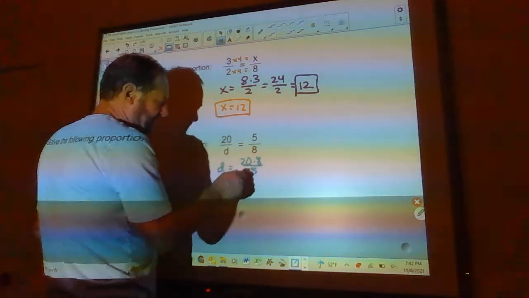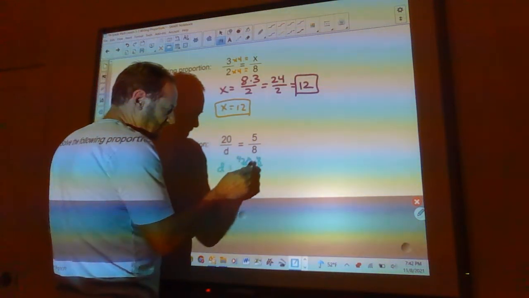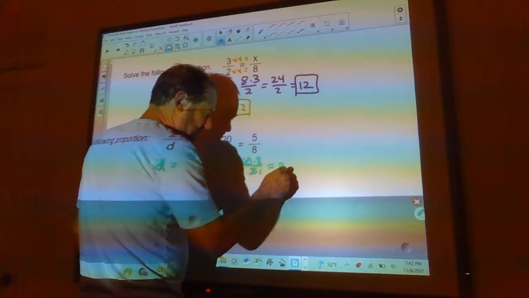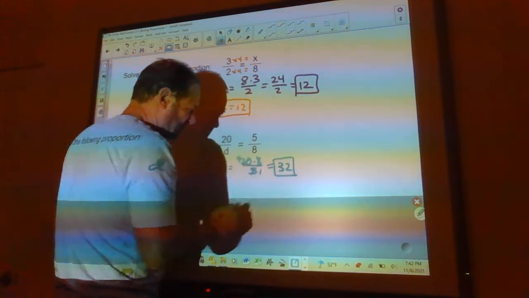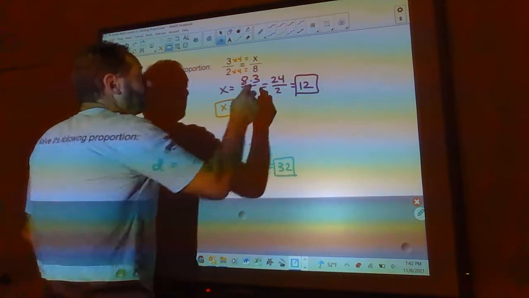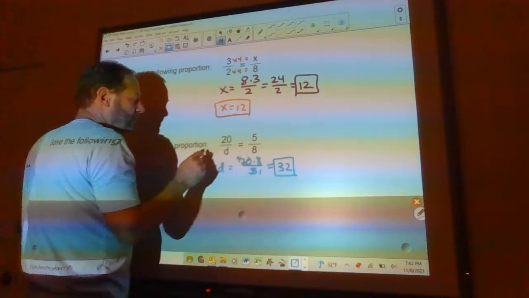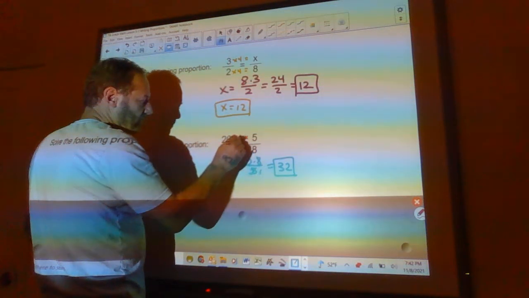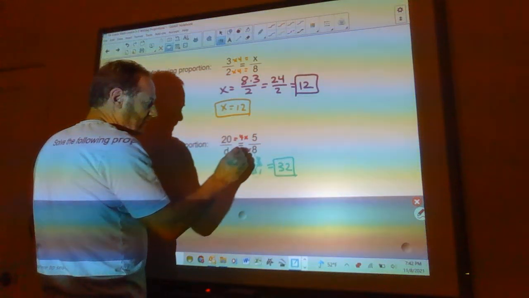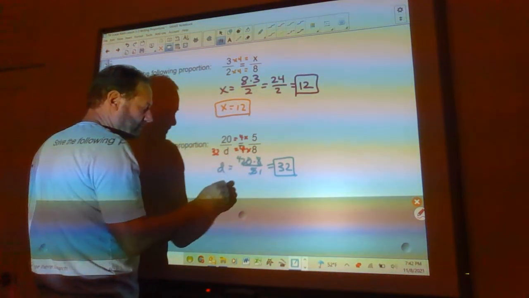Let's see if I can divide the 5 in here. 5 will go in there 4 times, and 4 times 8 is 32. So D is going to be 32. The other way I could do this is I could say, 5 times 4 is 20, so 8 times 4 is going to be 32.